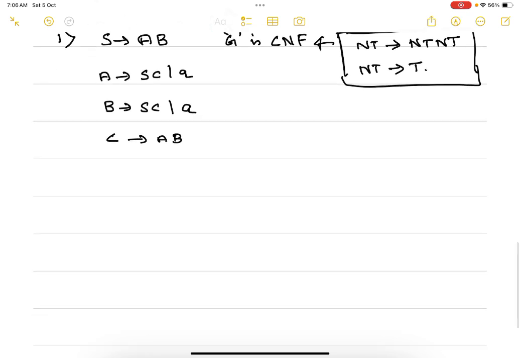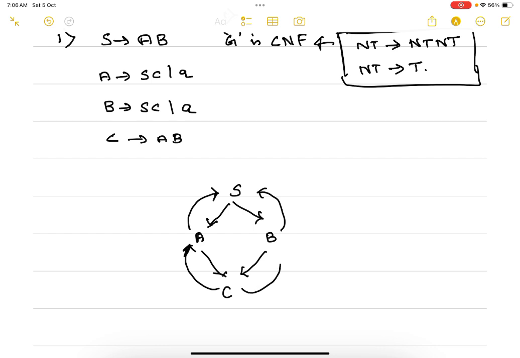Now, how to draw the directed graph? From S you have to give links to A and B, because from S you can derive A and B. From A you can derive S and C. From B you can derive again S and C. From C you can derive A and B. So accordingly you draw the links. This directed graph contains many cycles.